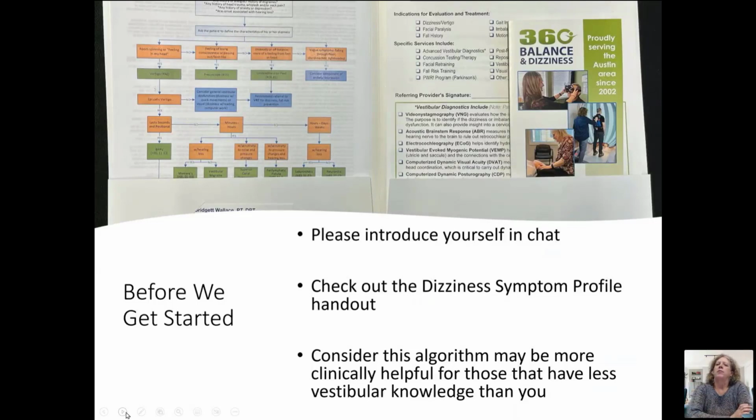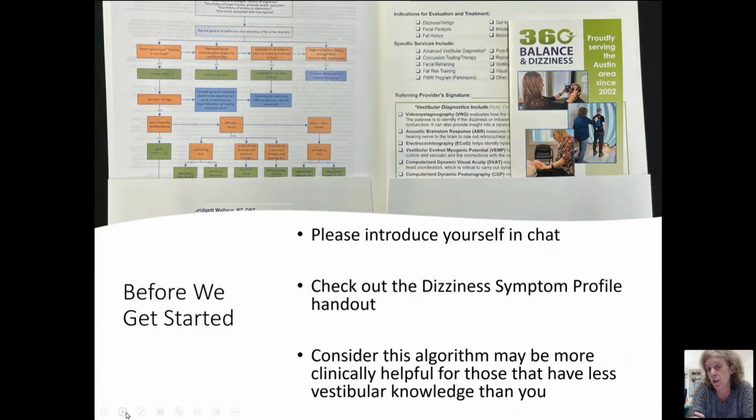And one thing, just a little bug to put in your ear: this dizziness algorithm may not best suit you as a clinician. We're coming at this from all levels of experience in the vestibular space.